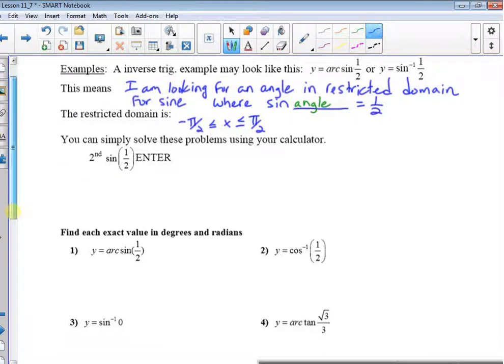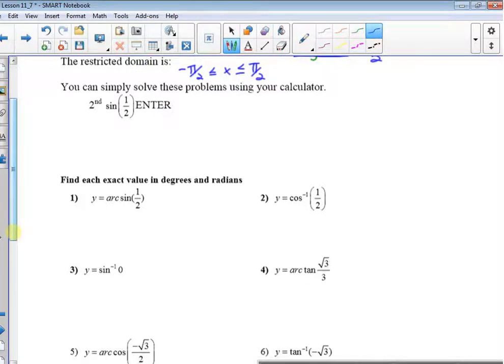Second sine 1/2, enter. So y equals arc sine 1/2 is also like saying theta equals arc sine 1/2, and theta turns out to be 30 degrees, or in radians, pi over 6.